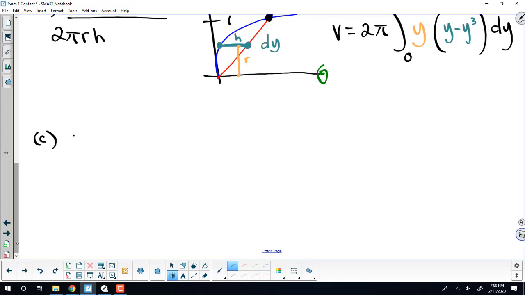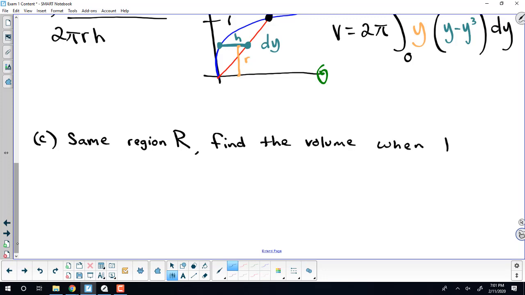So part C will say same region R. Find the volume when R is revolved about, what do we want to do?